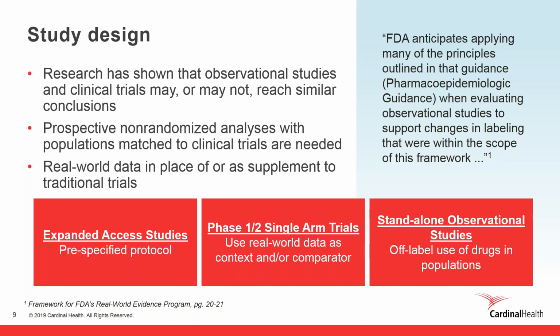Now, one of the major limitations and concerns that have been brought up in the discussion of using real-world data is that research has shown that many observational studies can't reproduce necessarily or reach the similar conclusions of the randomized clinical trials. So there's a lot of ongoing work being done right now in studying how observational research can be better tailored and designed to mimic the outcomes of those trials to provide the proof of concept.